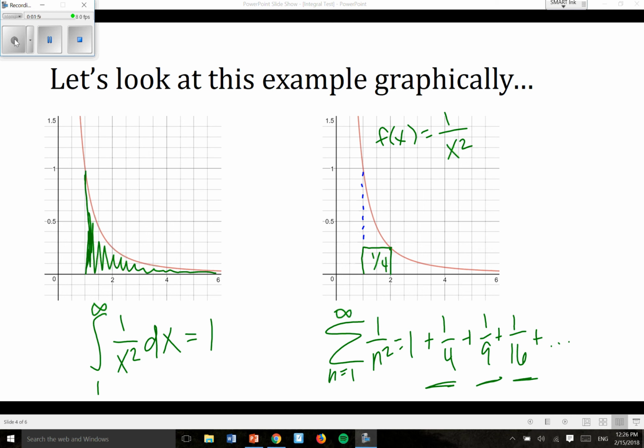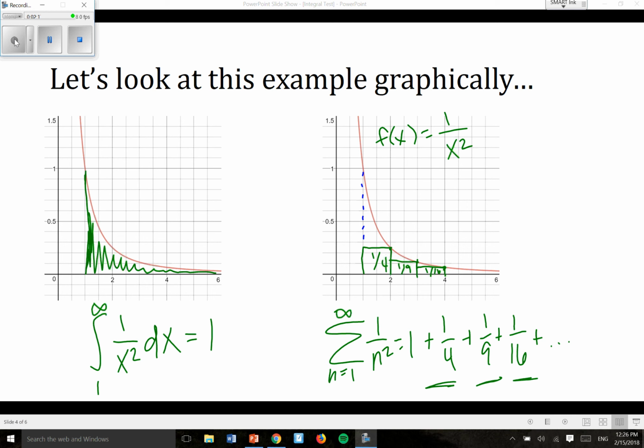Next, if we go over to 3, we have a rectangle of size 1/9. That's still underneath the area that we found in the integral. Next, we can look at 4, and we know that that has a height of 1/16. Again, that is still underneath the area that I looked at with the integral.